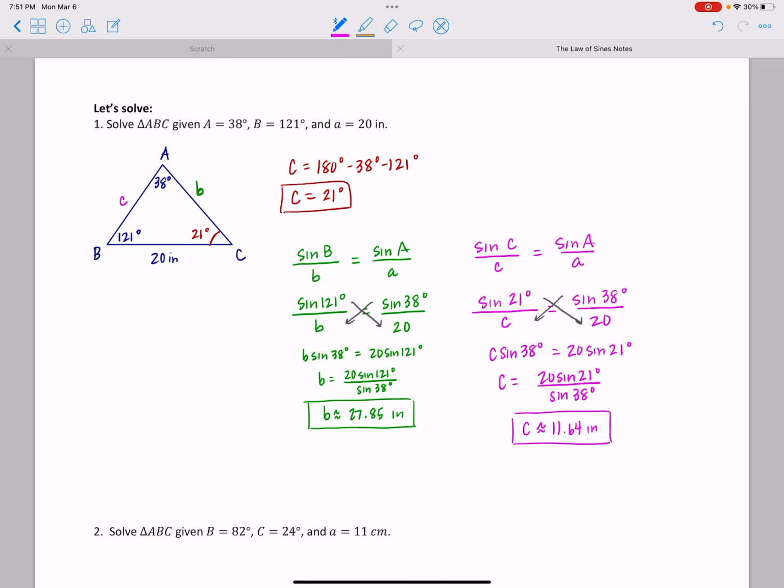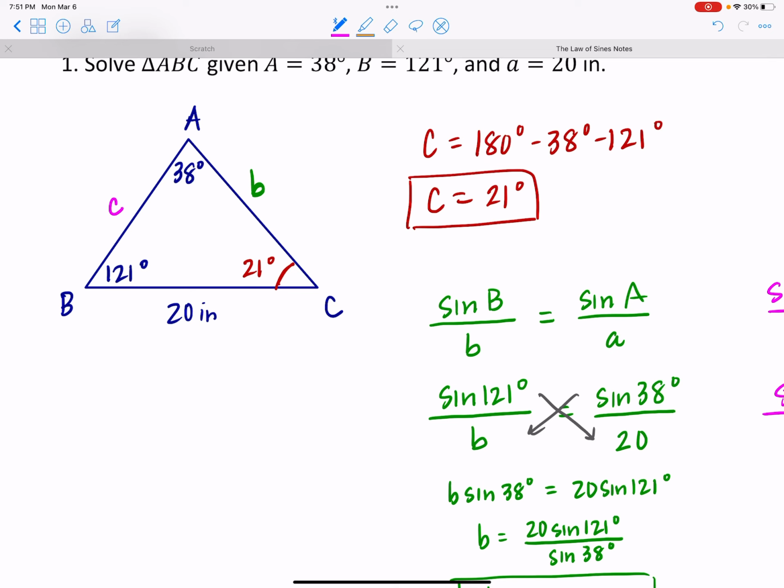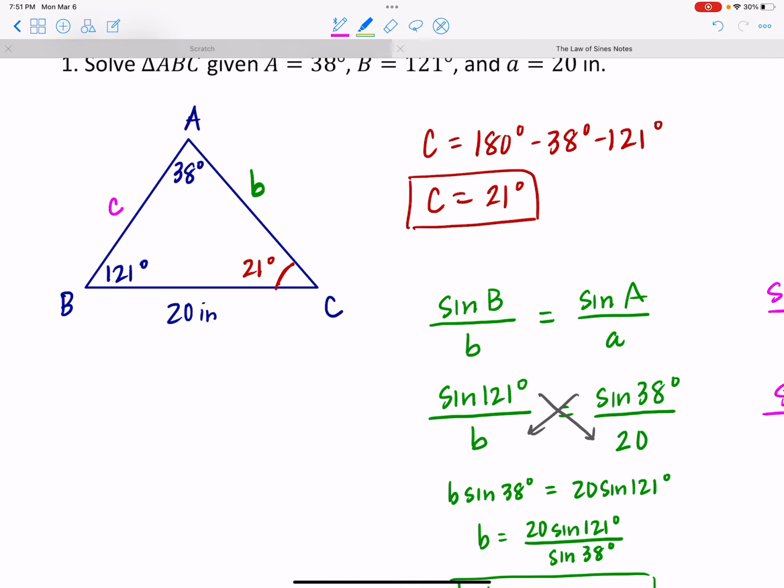Okay, now, again, I got a little excited, a little ahead of myself. I should have started by verifying that this triangle was guaranteed. So let me just go back to that. Never too late, right, to go back. If I look at the information I was given, it was an angle, and then an angle, and then we have a side. So I have two angles and a side, and notice the side that I'm given in this problem is not in between those two angles, not included.